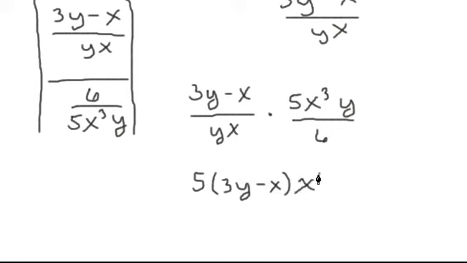We'll write it right here, over, and what's going to be left in the bottom, we have a 6, y canceled out, and an x canceled out, and that's it. And if we're going to write a 6 in the bottom, we'd write it right here in the middle.